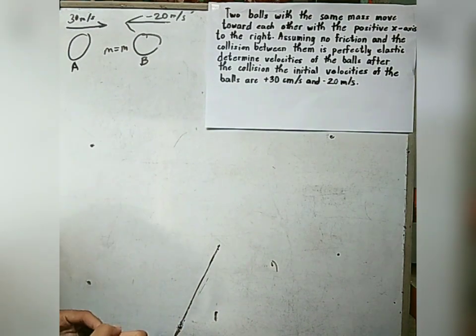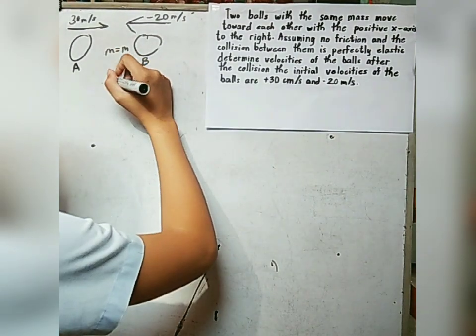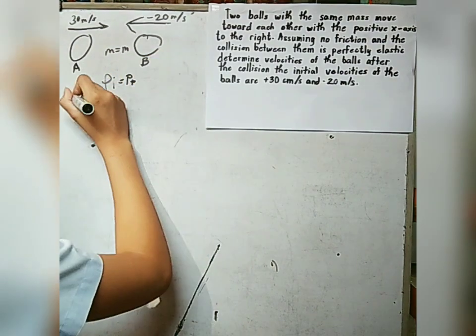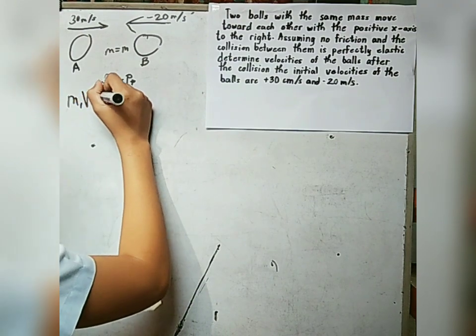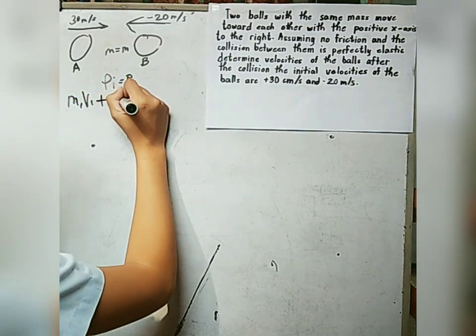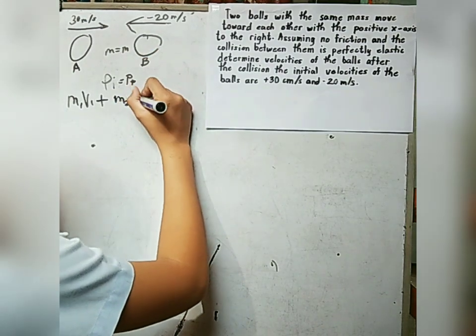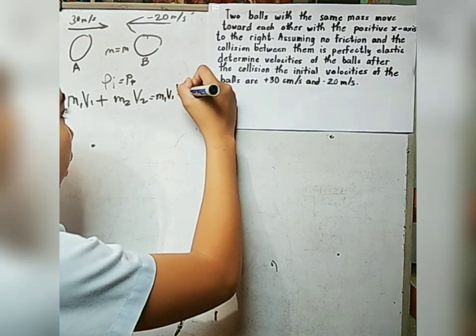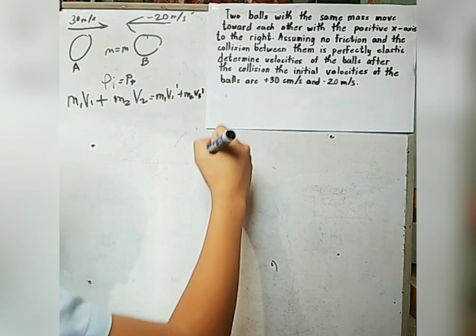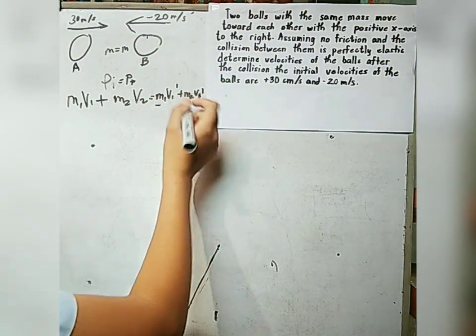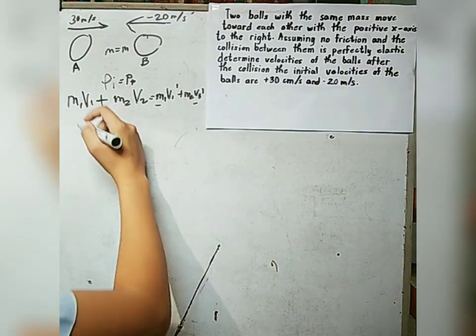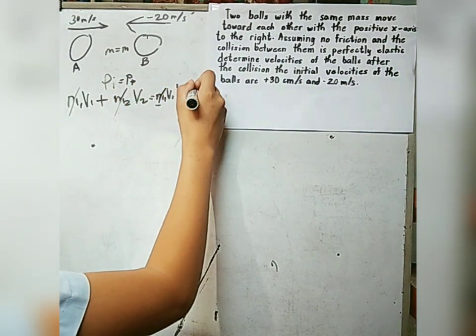So, by cancellation, we will use two equations. P initial is equal to P final: M1 V1 plus M2 V2 is equal to M1 V1 final plus M2 V2 final. So, cancel the mass first since they are equal.